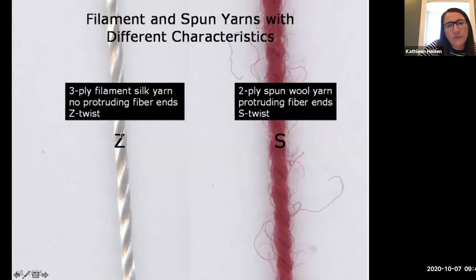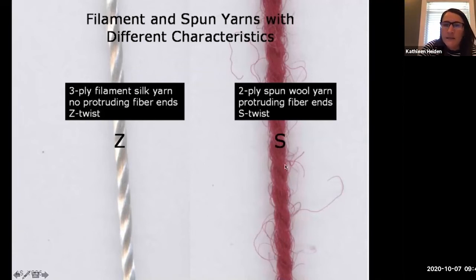If you were to look at this, you can draw a Z across that yarn, okay? So the direction of this diagonal makes the center part of the Z. This twist was applied in a counterclockwise direction.